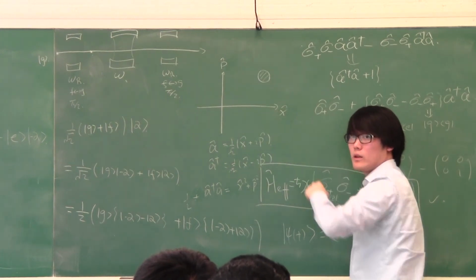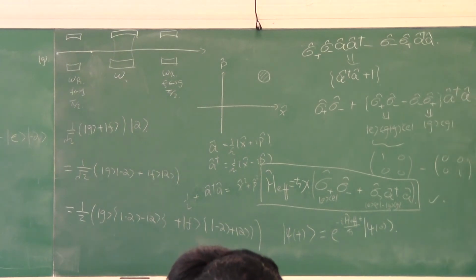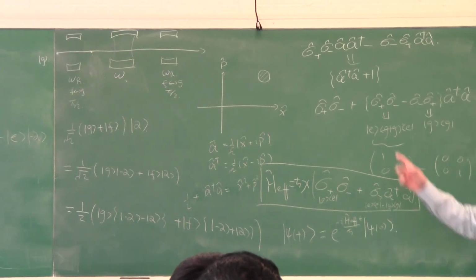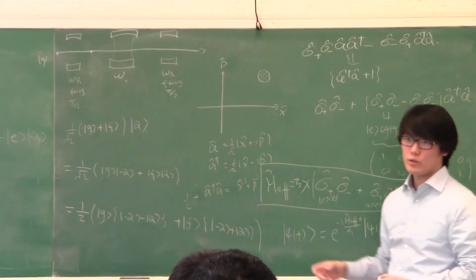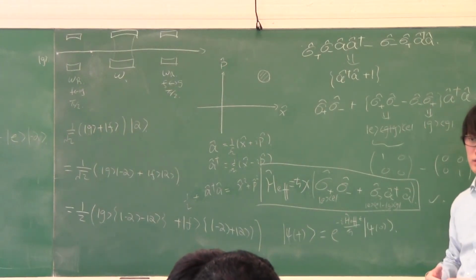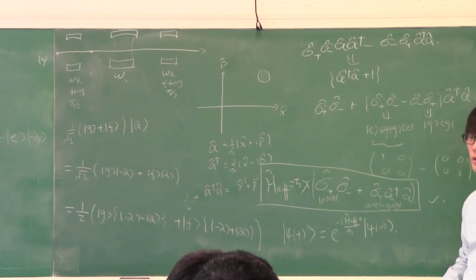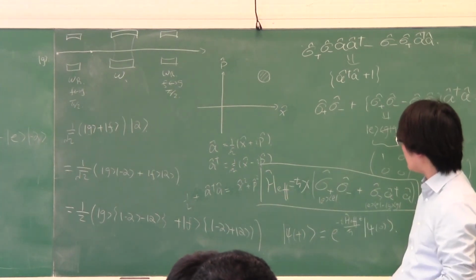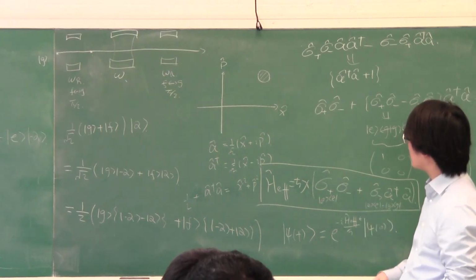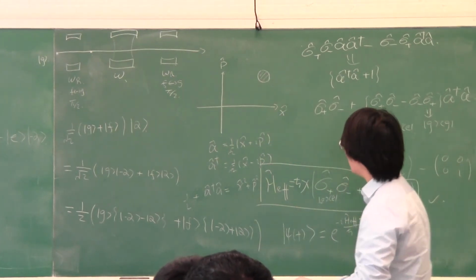But there's some uncertainty associated with this, which gives me the spread. You can think about this as the uncertainty between x and p, which in a coherent state is the minimum uncertainty, or 1/2. Or you can think about this as the uncertainty in A and A dagger, where the commutation relation gives you a spread.